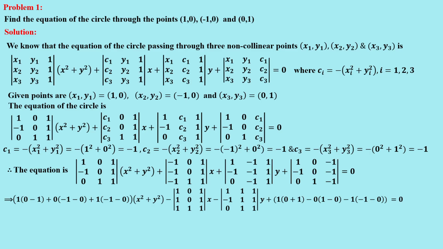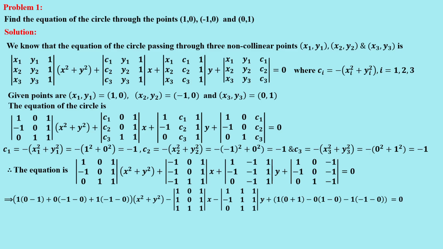Then choose the second element in the first row, where you put a minus sign, and then the third element with its remaining four numbers. We know how to solve the determinant. Using that, you get 1 into (0 - 1) minus 0 into (-1 - 0) plus 1 into (-1 - 0), times x² + y².